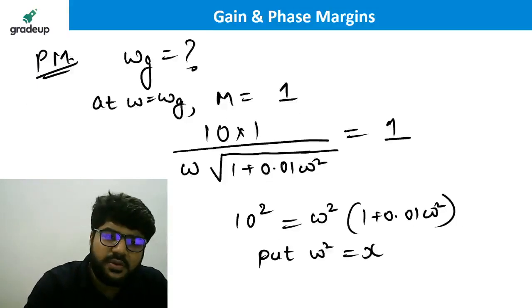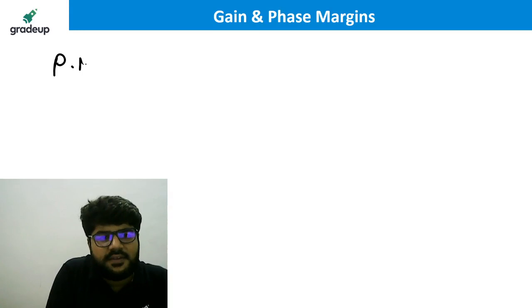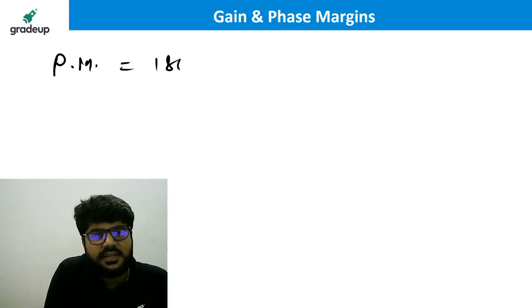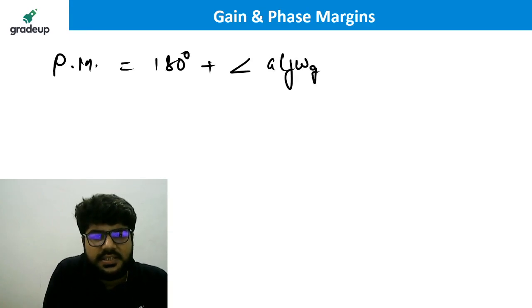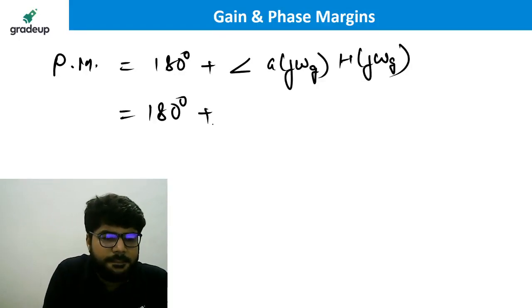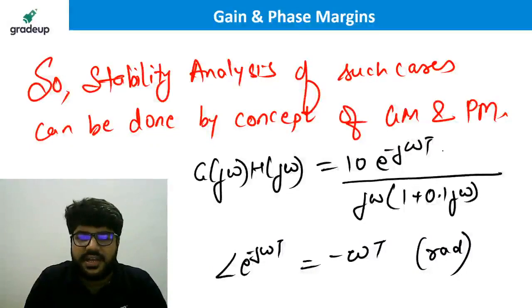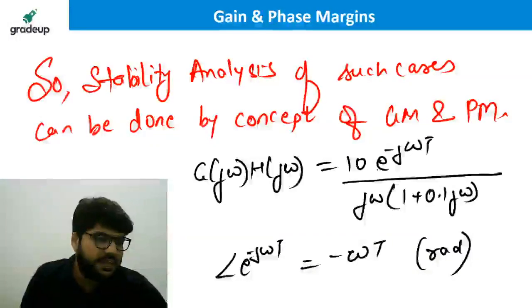Now, why do we calculate omega g to come to the phase margin? Let us define the phase margin. Phase margin is 180 degree plus angle of G(j omega g) H(j omega g). That is equal to 180 degree plus the angle of G(j omega g) H(j omega g). From this you can take down the angle. 10 is a positive real number, angle is 0.